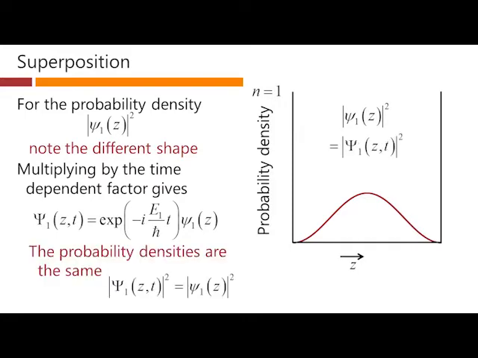And if you take the modulus squared of this, of course, it is simply the same as the modulus squared of this spatial wave function. So this is also the modulus squared of the time-dependent version of this same wave function, as we would have hoped. As we said, nothing measurable changes just because we put this in on any one wave function. It's still a solution of the time-independent Schrödinger equation, even with this factor in here.